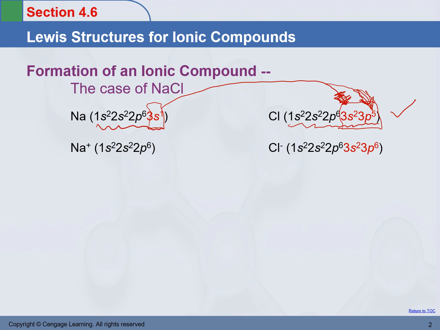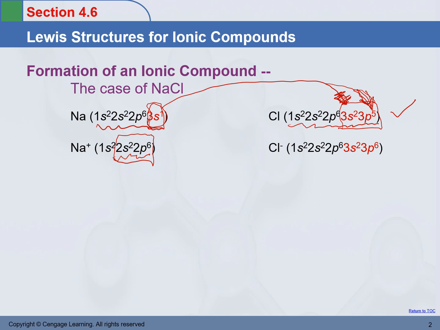Now let's see what happened. After this, two amazing things happened. Number 1, after sodium gives up 1 electron, the 3s is gone, and shell number 2 now becomes the outermost shell. And look at how many electrons are in the current outermost shell of sodium: 8.